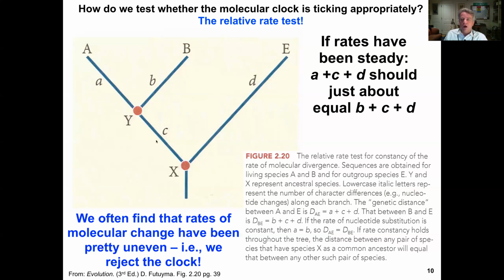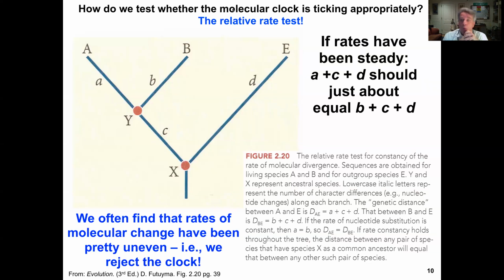So the sum of the branch lengths of A, C, and D should be the same as the branch lengths of B, C, and D. So you see that? So if rates of molecular evolution were differing in these 2 lineages, one lineage would have a longer branch than the other, and we would be able to detect that in the relative rate test.